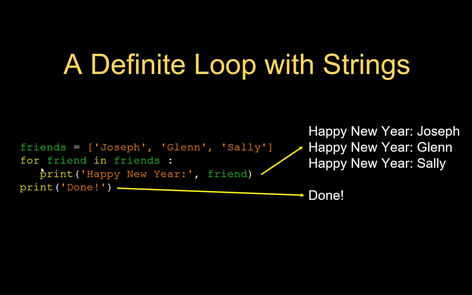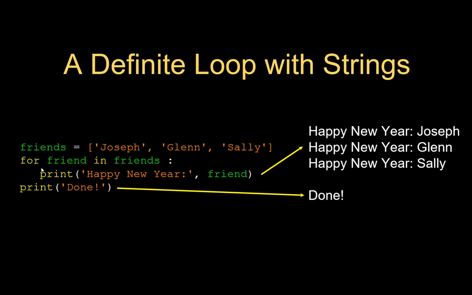So for friend in friends, meaning we have this string called friends, and for each of those names inside of it, which are 3 of them, we're going to print Happy New Year and friend.